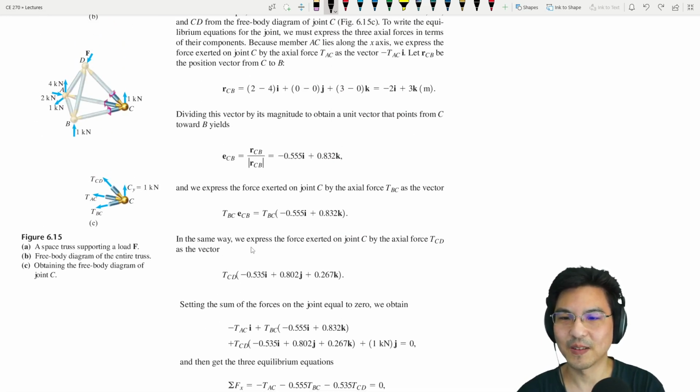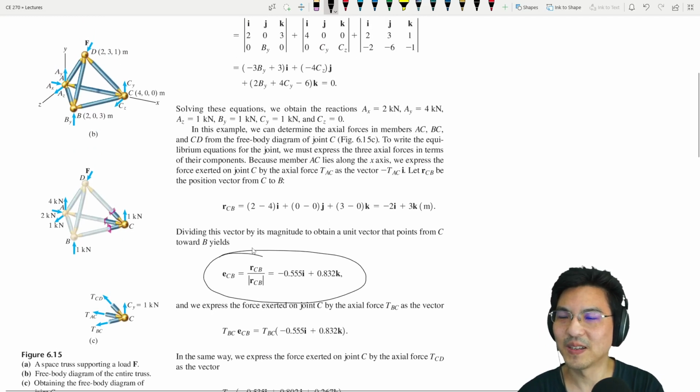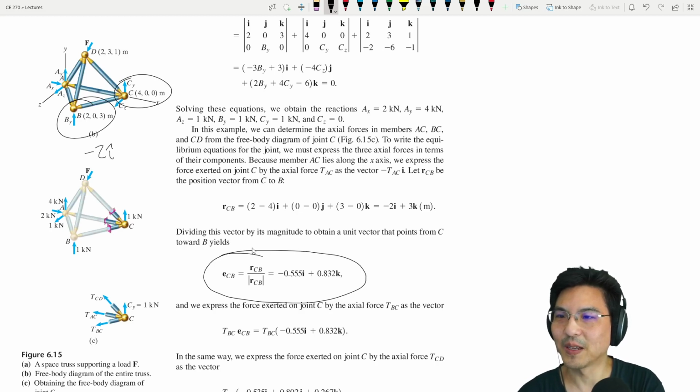See this unit vector CB, right? That's going from point C to point B. Here's C, here's B. So the vector is negative 2i plus 3k. And if you want the unit vector, divide by its own magnitude, which is the square root of 2 squared plus 3 squared, which is 13.